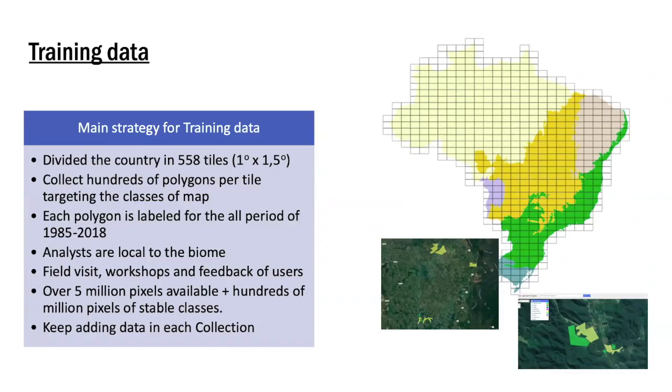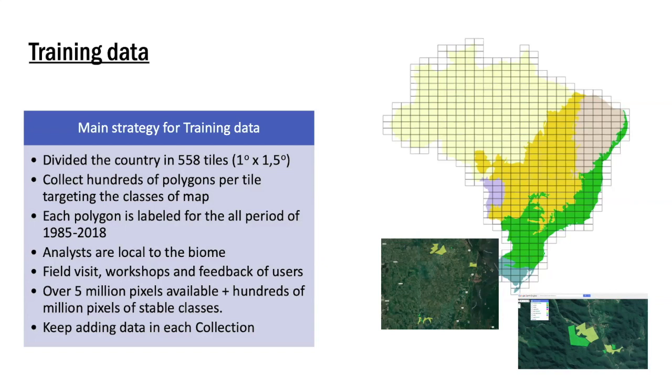There are many things we do for training data, but this is the most basic one that everyone is using on the different themes that we are working on. So we divide the country in those 558 tiles, also using the biomes as reference, which are the core parts on the map. And we collect hundreds of polygons inside of those tiles.